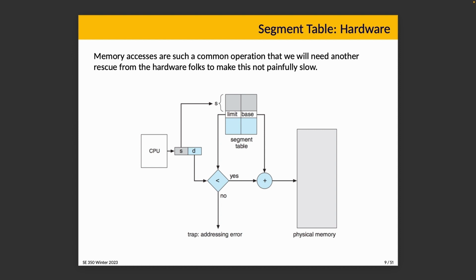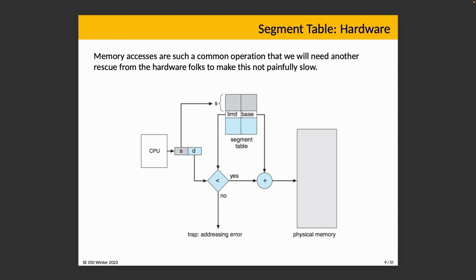And so we'll go take a look in the segment table, so what corresponds to the limit and base for that particular segment, and we'll come up with the correct value that we're going to add to the offset. If the offset is invalid or we're outside the limit, then we'll report that as an error.